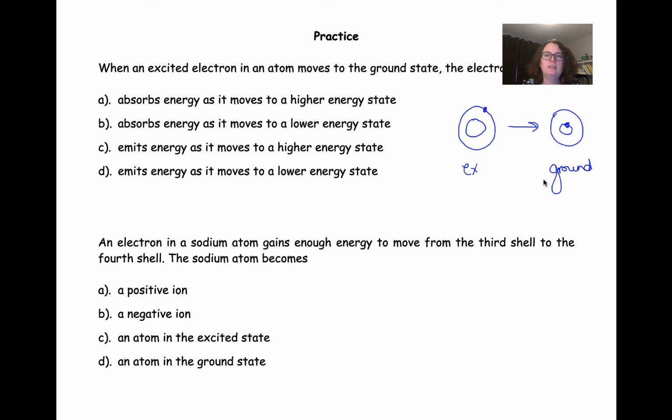In order to do that, we have high energy to low energy. That means we have to emit energy as we go from a high energy state to a low energy state.